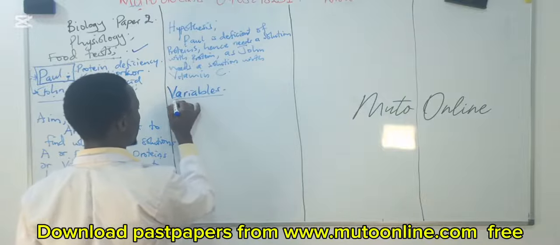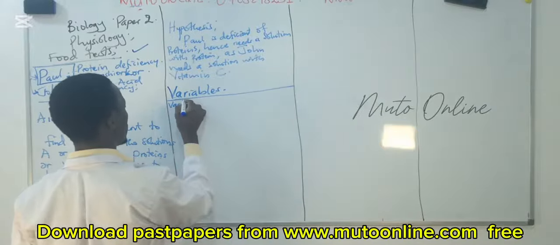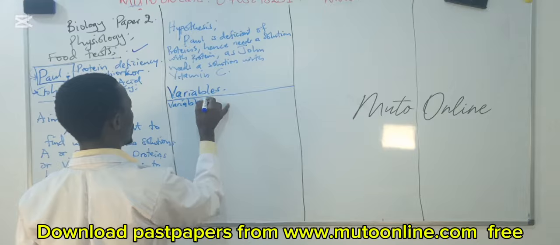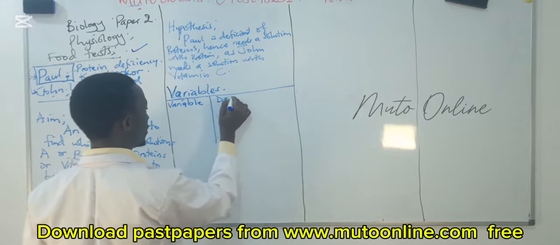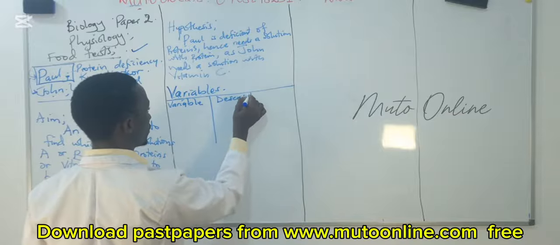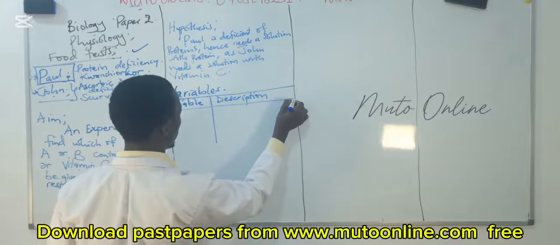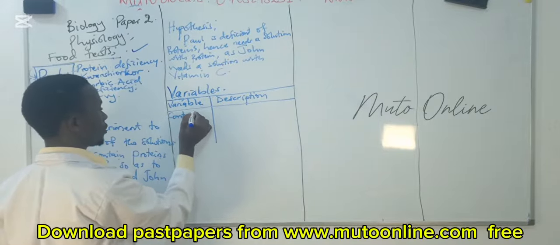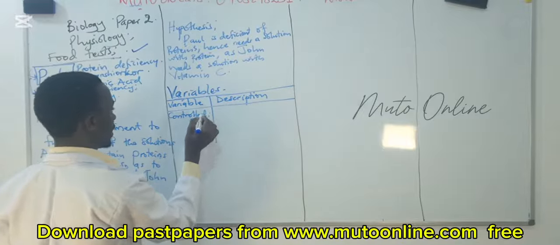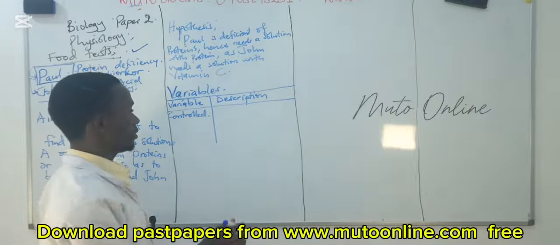We said we make a table with the variables and then the description of the variables. So we have the controlled variables, what we shall keep constant throughout the investigation.